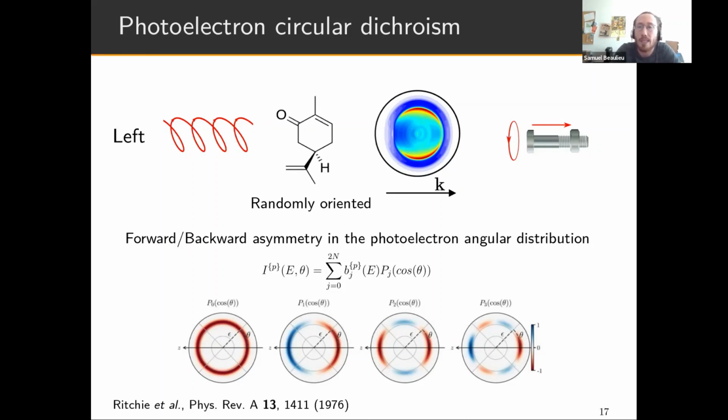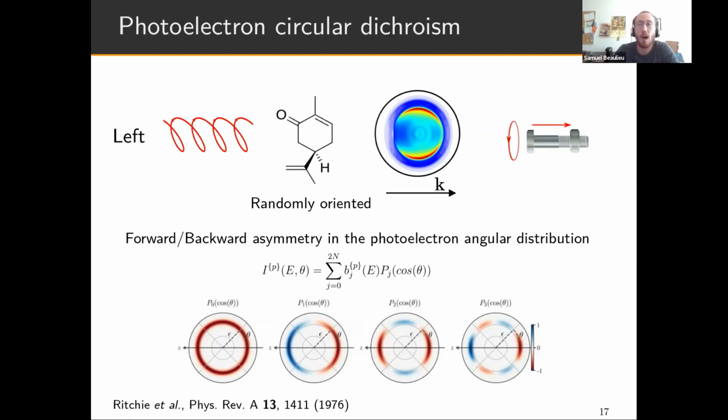The summation goes up to 2n, where n is the number of absorbed photons in the process. So, for example, in single photon ionization, since n equals 1, the summation goes up to 2, meaning that the first three polynomials, 0, 1, and 2, contribute to the photoelectron angular distribution.